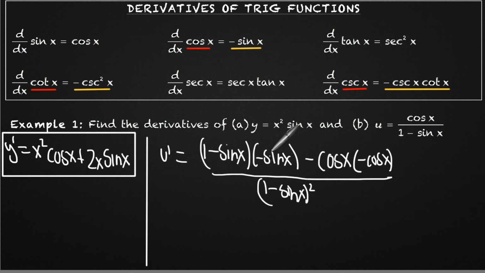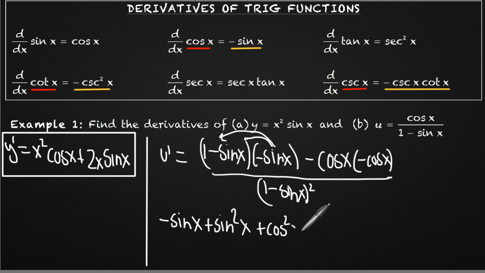Now let's go ahead and simplify this a bit. If we distribute, we're going to get negative sine of x. Negative sine times negative sine is sine squared. Negative cosine times negative cosine is positive cosine squared. And all of this is still over the denominator squared.